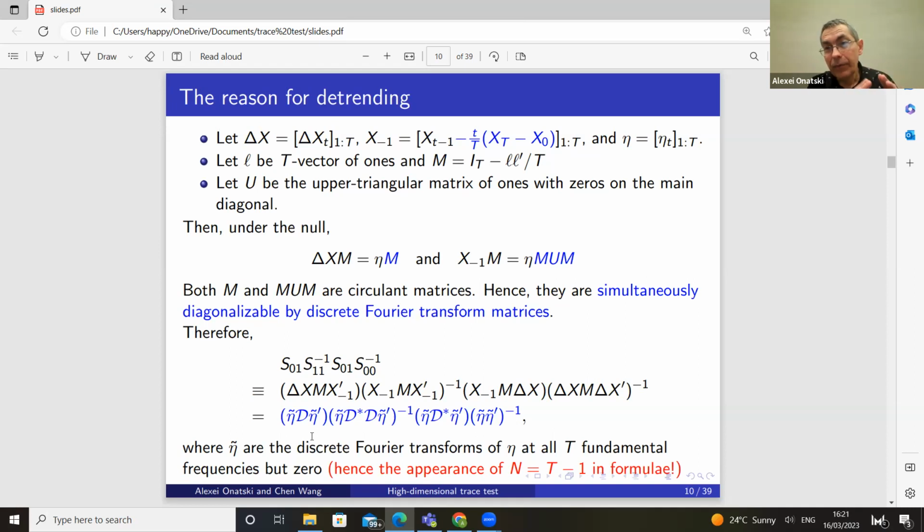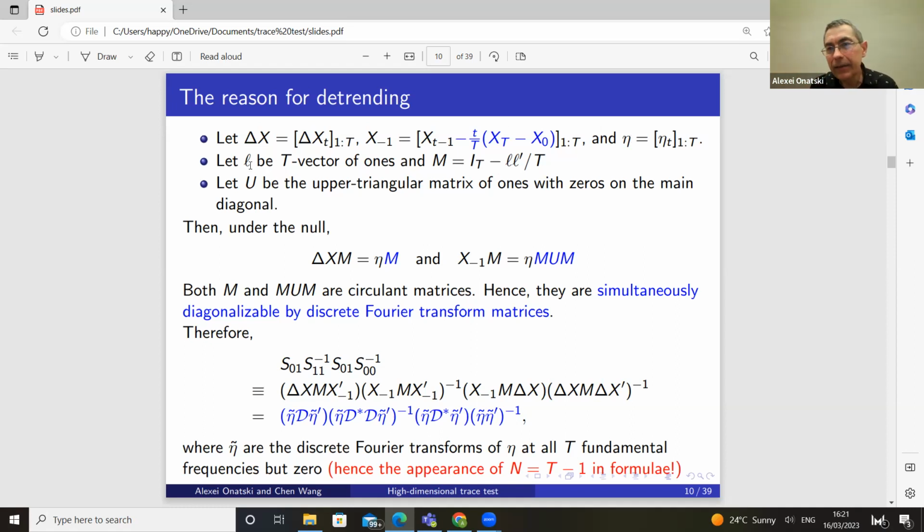Delta X would be the matrix of those first differences of X. And X minus 1 will be the matrix of those detrended lags of X. Okay, so I have this matrix, delta X, X minus 1, and this eta is the matrix of errors, where each column will be the error at time t.